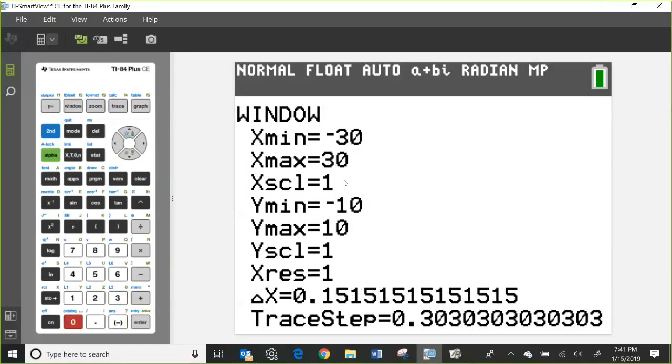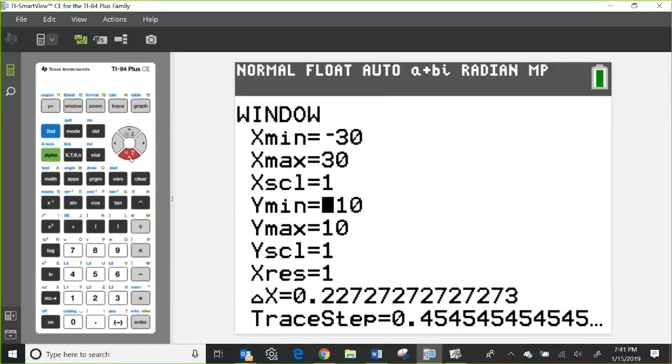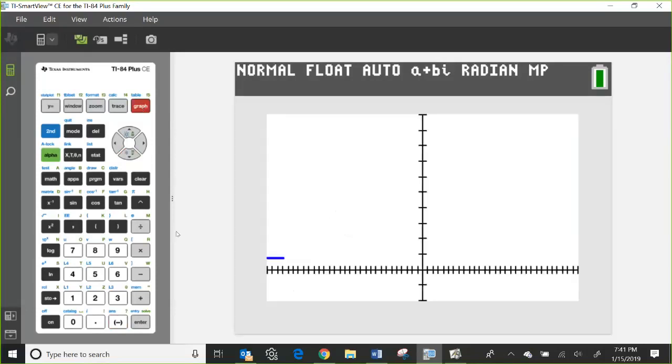Now, the scale represents the hash marks on your line, but I'm going to turn the grid on in a minute, and that scale is going to be where the grid will be also. So if you want to change your scale to 10 and have a grid only every 10, that's where we would change it. We saw that it is pretty much above the axis, so I'll go -2 to 10 there, and then I'll graph.